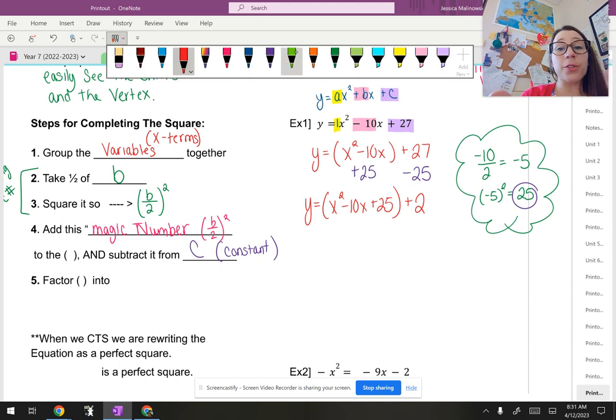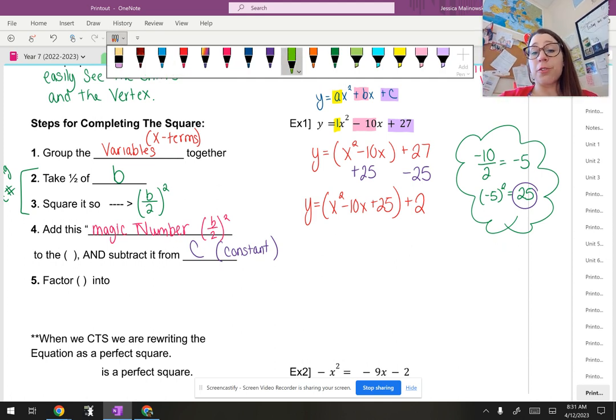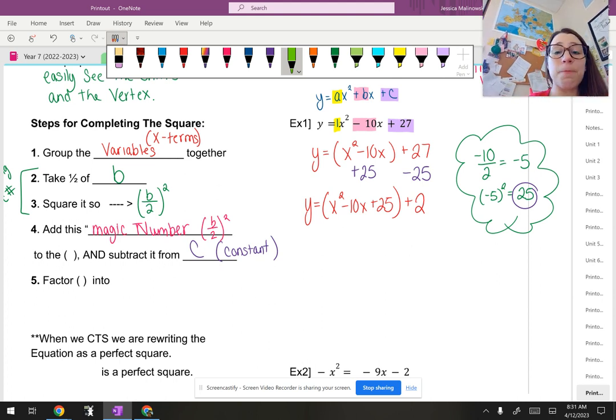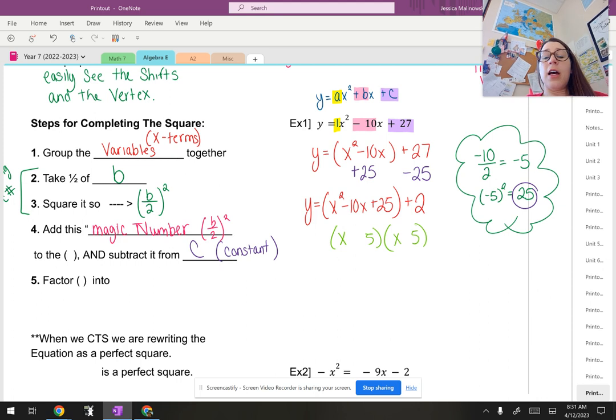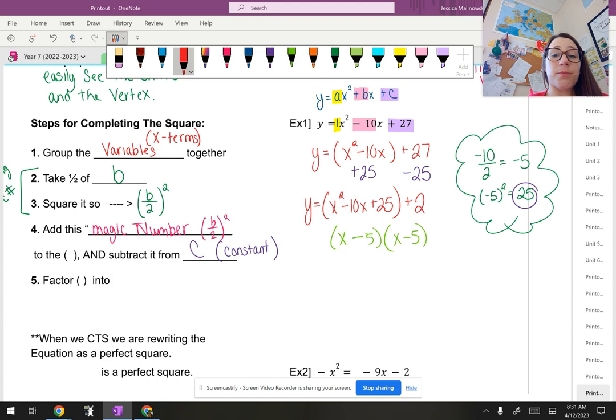Okay, so old school factoring here. Factors of 25 are just 1 and 25 and 5 and 5. So I know I need to be using 5. So x minus 5, x minus 5. It has to be a negative 10, so they both have to be negative.